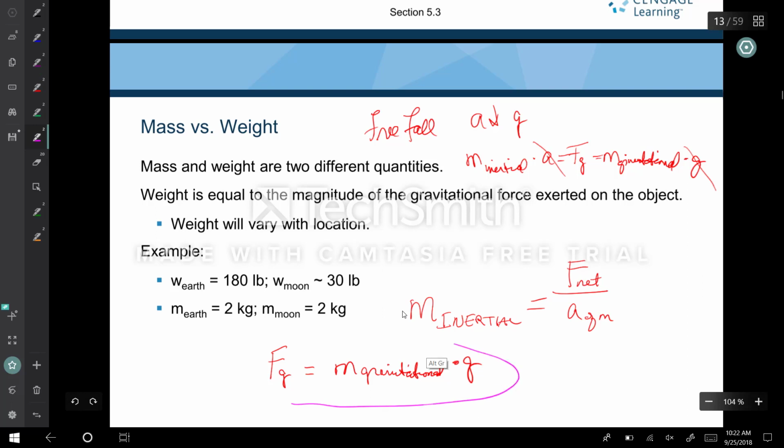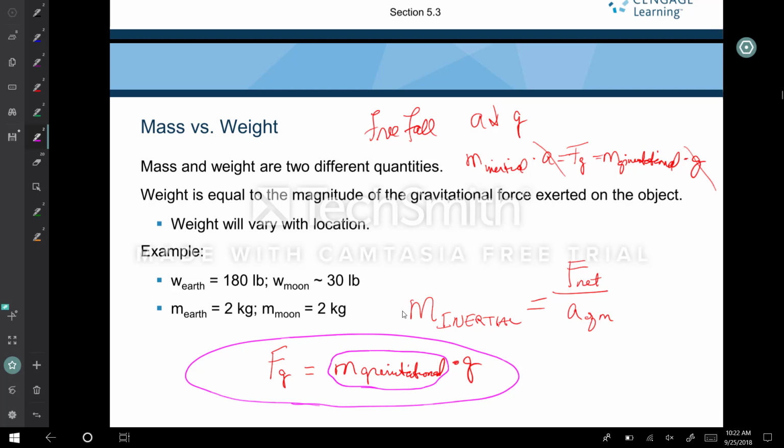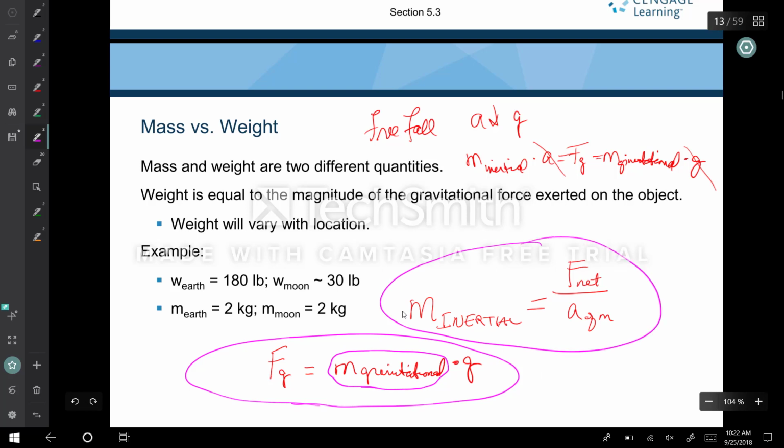Gravitational mass is the property of a body that tells us how strong of a gravitational interaction it will have with another mass, such as the Earth and you, or the Earth and the moon. Inertial mass examines how the motion, the acceleration, varies with respect to the applied force.